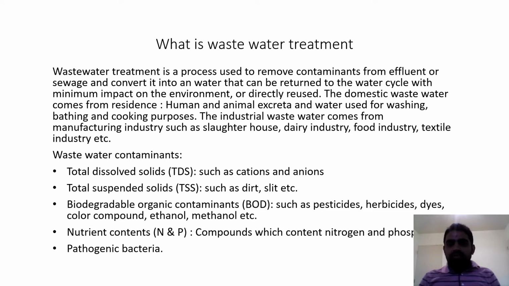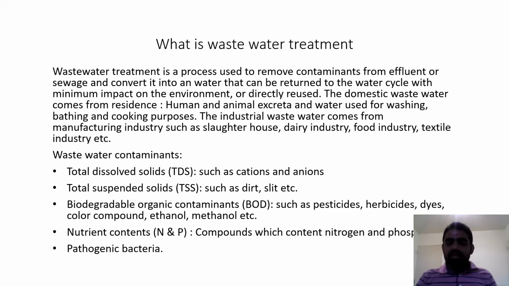Now, what is wastewater treatment? Wastewater treatment is a process to remove contaminants in the form of organic matter, suspended solids, or dissolved form from the water, and to make water usable again with minimum impact on the environment. Now, sewage, as we discussed in the first slide, generally comes from residents.